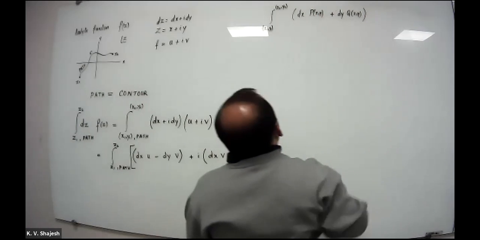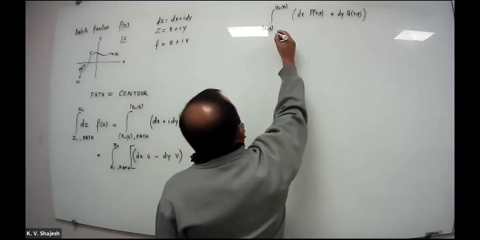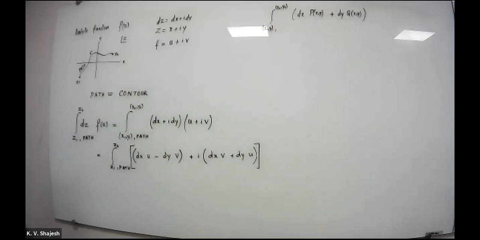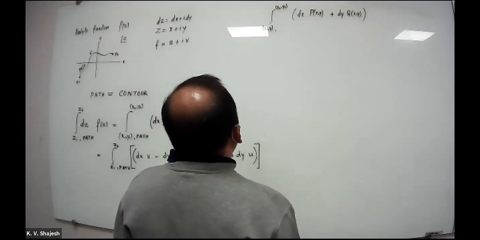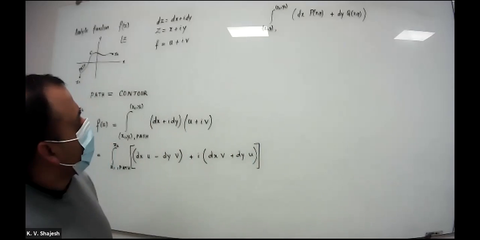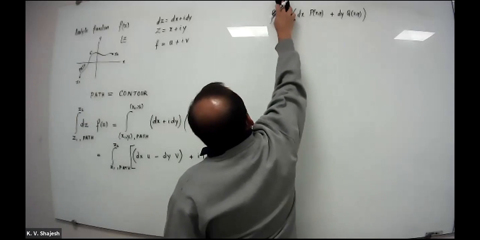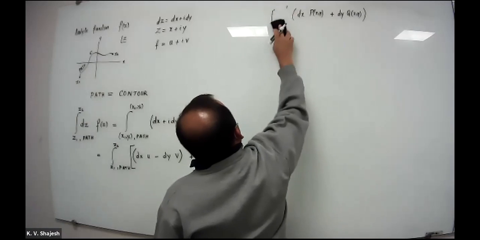So I would like to know, how do you integrate this? And actually, let's also not just do from x1 to y1. Actually, I want to do a closed integral.